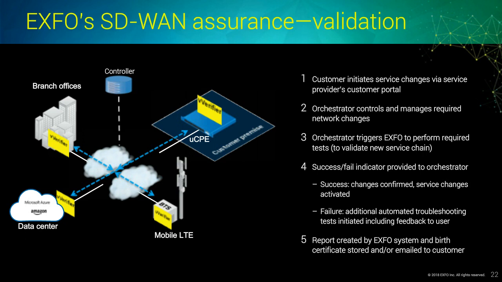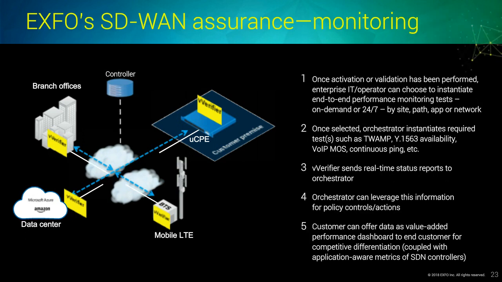And finally, the continuous monitoring. That will be an opportunity for service providers to sell additional assurance services, where they can provide continuous monitoring to the services that the customer asks for, and even other services that are not part of that service.